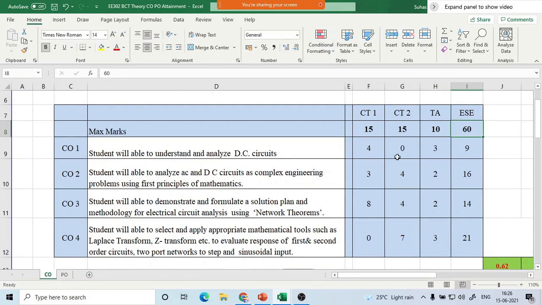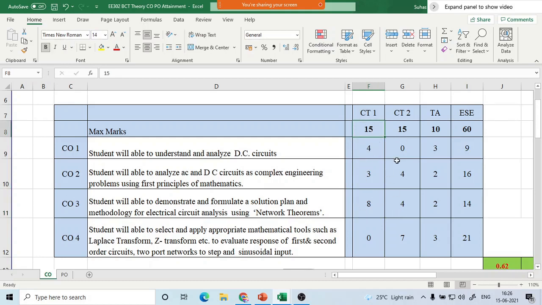Now I will assess the CT1 part, for CO1, analysis, of 4 marks only. I am going to create a question paper for CT1 which will take care of CO1, CO2, CO3 like this, with 4, 3, 8 marks or something, and if I add this up, it will come to 15 marks.